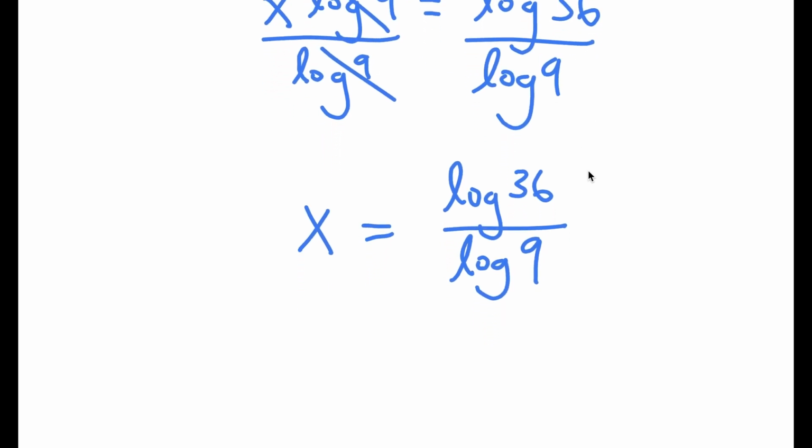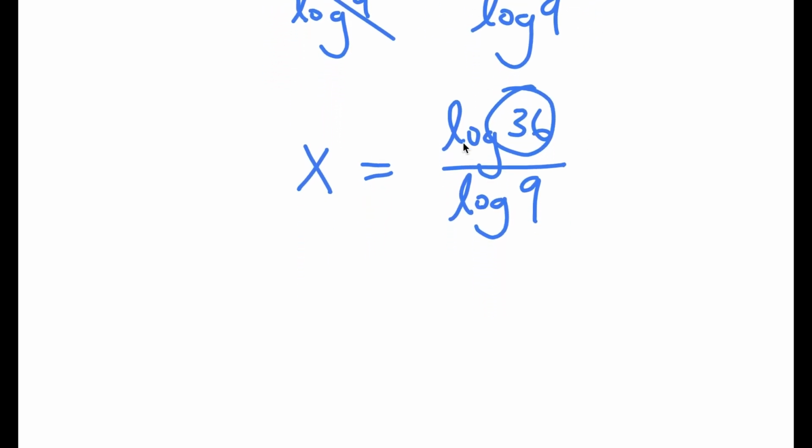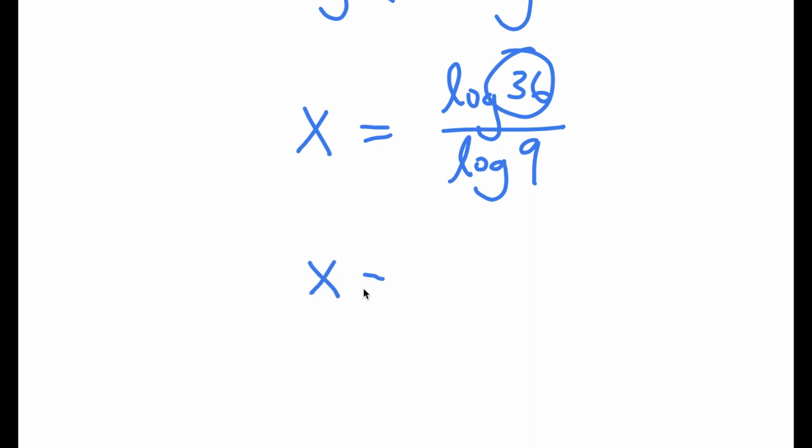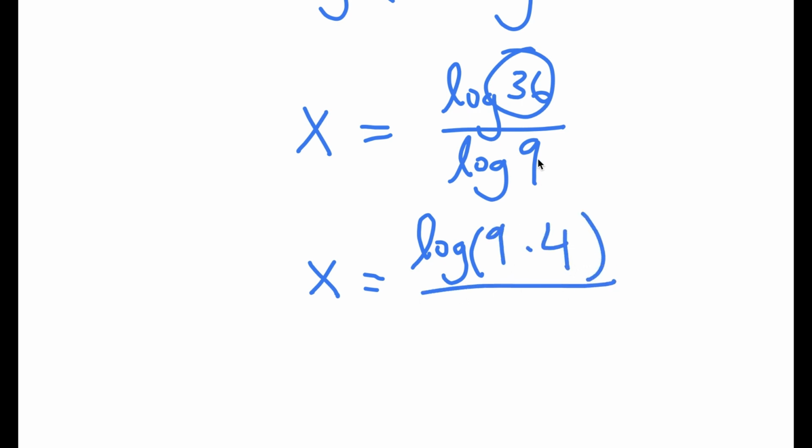Now, log 36 over here, we can rewrite as log of 9 times 4, and we have this over log 9.